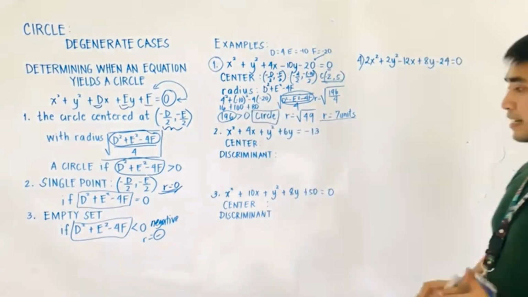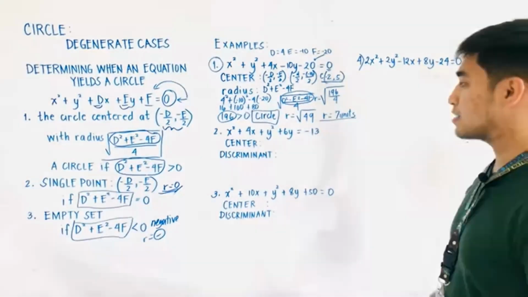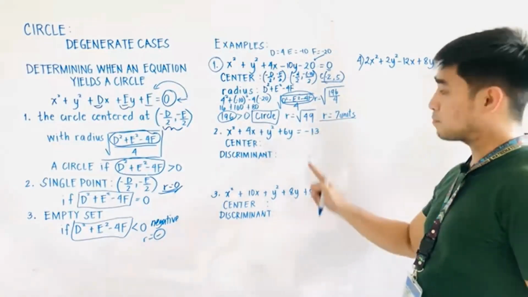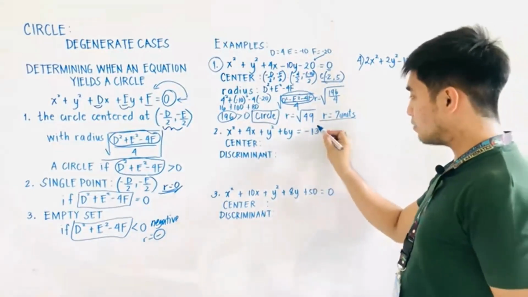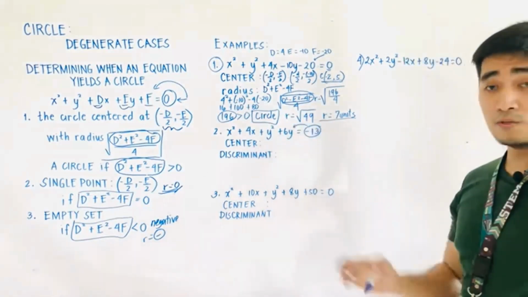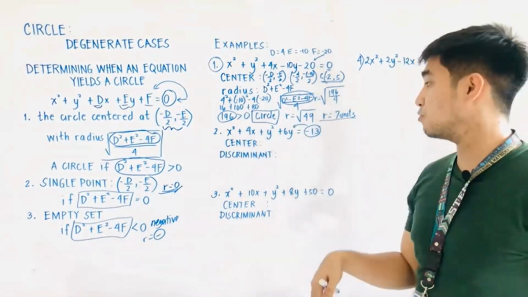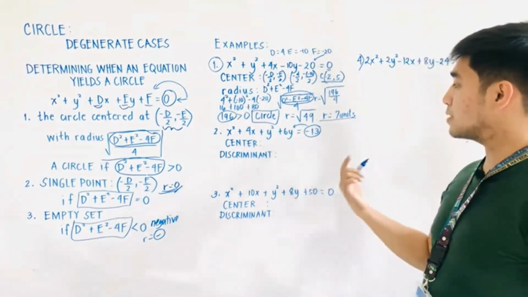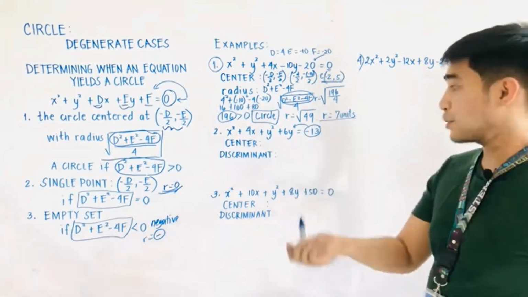Okay, for the second example, we now have x squared plus 4x plus y squared plus 6y is equal to negative 13. Remember that this is negative 13. Therefore, we need to transpose or transfer negative 13 to the other side. Therefore, this becomes x squared plus 4x plus y squared plus 6y plus 13.